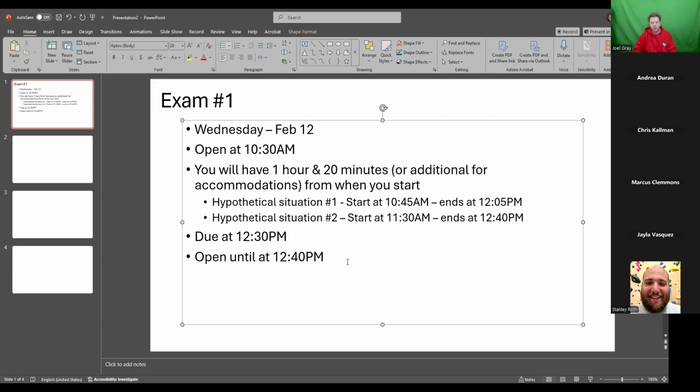If you wait until 12 or if you wait until 11:30, you're losing a little bit of time. Think about this as 12:30 is the time when your professor stands in the front of the room and says, "Hey, wrap it up." But then 12:40 is the point in time where your professor has left the room, and then you're basically just left with an exam that you can't submit.